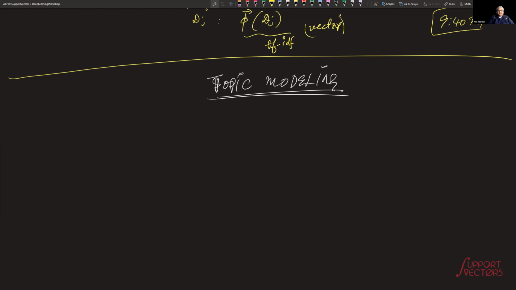Suppose we ask this question: what is the relationship of documents to topics? Topics are themes. They have semantic meaning. Those words, those documents have semantic meaning. Can we uncover the topics? When you try to uncover something that is not stated as a fact before you, you say that you're trying to uncover something that is there, something that is hidden or latent.